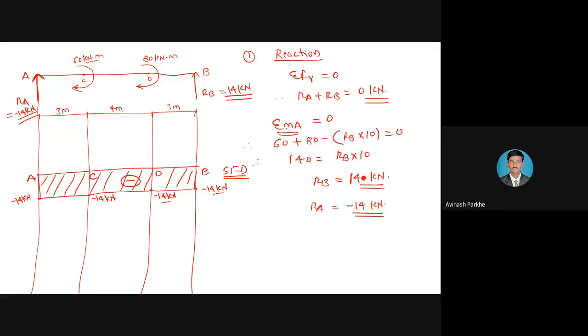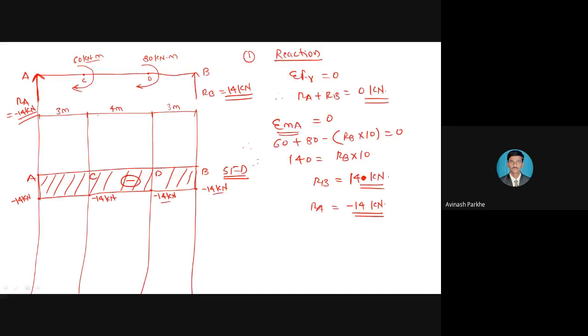Now BM calculation. Clockwise positive, anti-clockwise negative. BM at A is equal to 0 kilonewton meter. Now BM at C, you can see here at point C couple is also there.